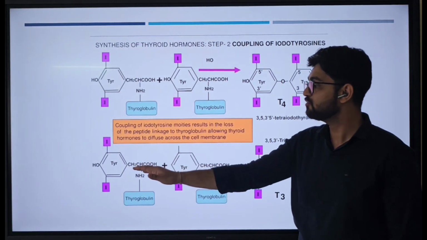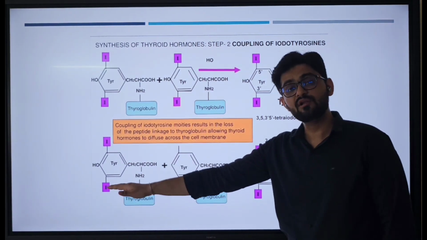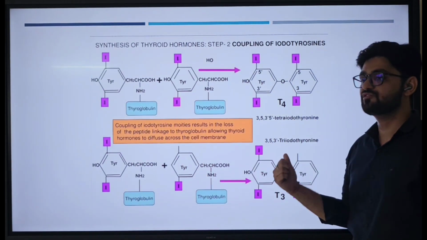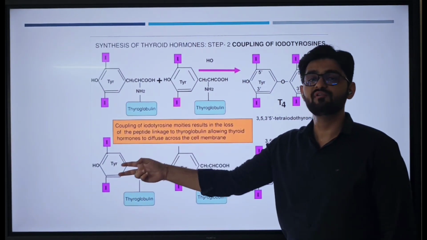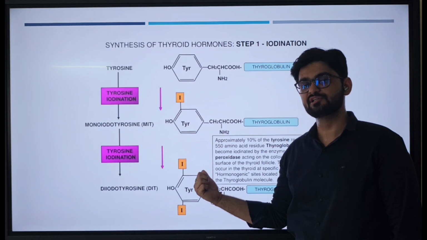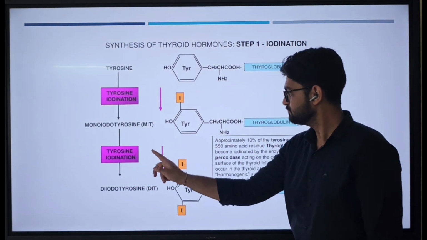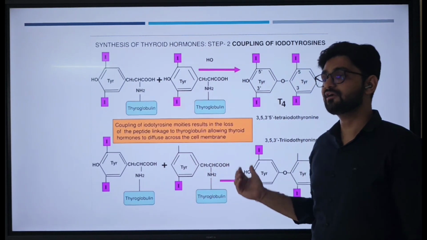And the conjugation of one monoiodotyrosine with one diiodotyrosine forms triiodothyronine, because the mono consists of one iodine residue, while the di consists of two iodine residues. So it will form triiodothyronine.